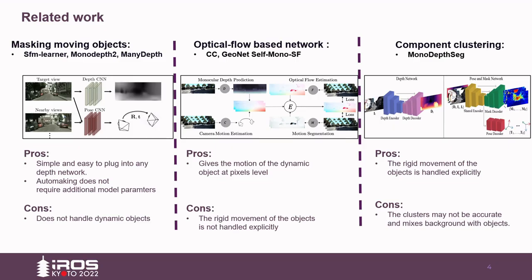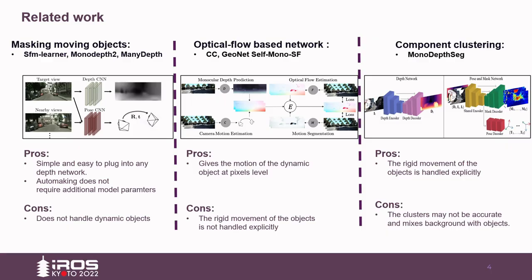Before deep diving into our method, we give a small review on how the prior work handled moving objects. First, we have the methods that mask moving objects, and surprisingly, these are the state-of-the-art. They rely on masking the dynamic objects. This technique is simple and easy to plug in, and we will see later why these methods are the state-of-the-art.